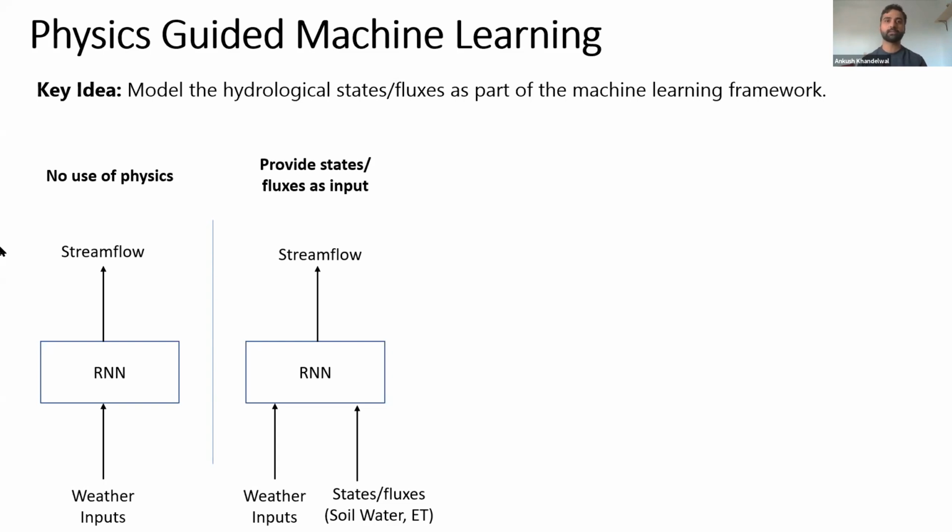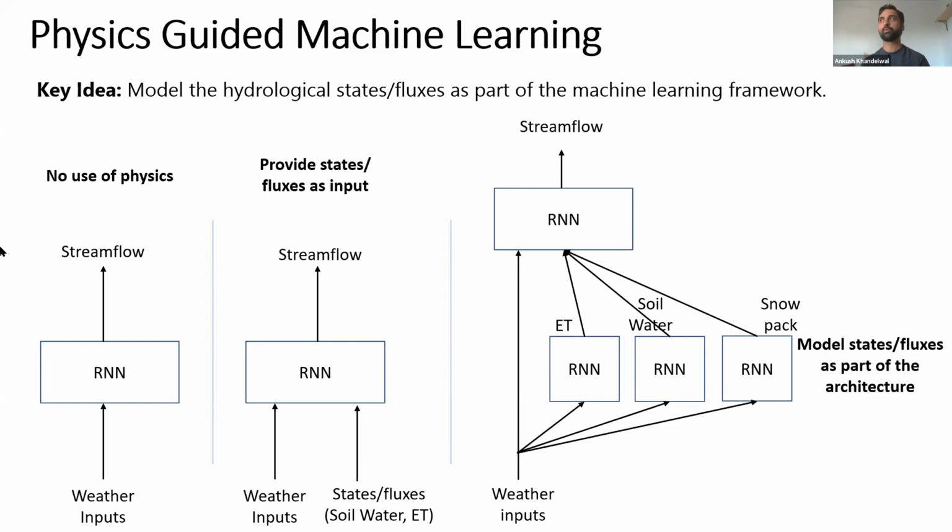So this is one way in which we can do it, but in a lot of situations, we will not have access to these derived variables directly from reanalysis data sets. So a more general approach that we are exploring is to model these intermediate states and fluxes from our core weather variables, and then feed that to our final process, estimating streamflow.